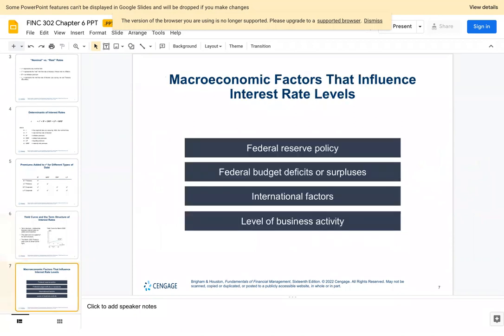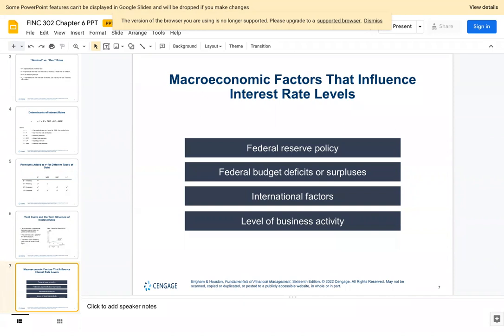And the last thing we want to cover in Chapter 6, talk a little bit about the macroeconomic factors that influence interest rate levels. The first, of course, is Federal Reserve policy. The Federal Reserve, as you probably remember from your economics classes, has a huge impact on our money supply because they conduct open market operations.